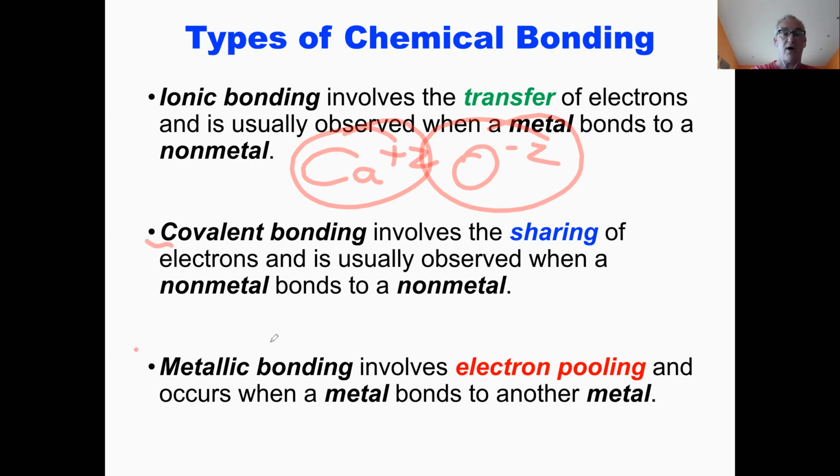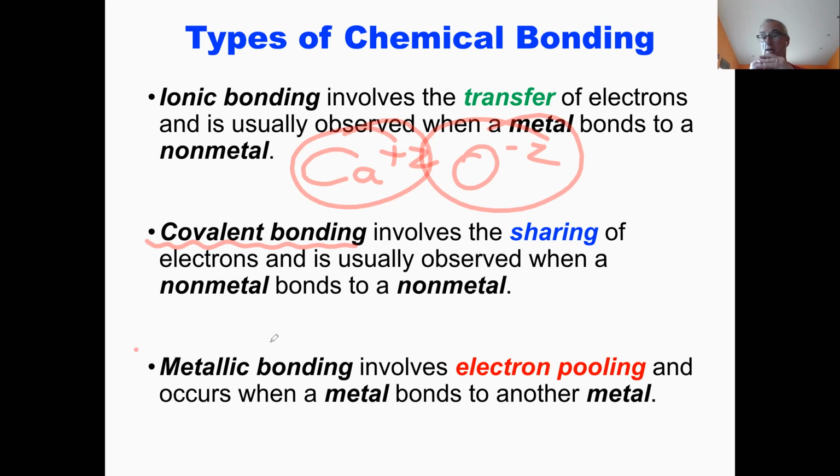Now, covalent bonding is different in that the electrons are shared between atoms. Usually 2 nonmetals, but you can also find it with certain metals and certain nonmetals. We'll talk about some of those types of bonds.